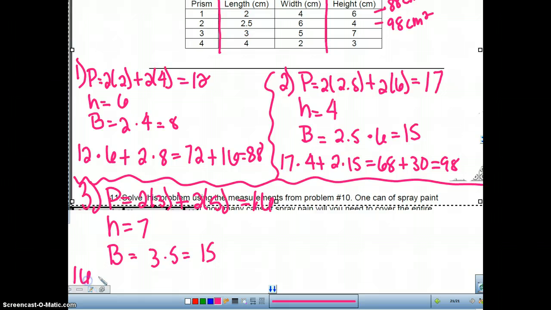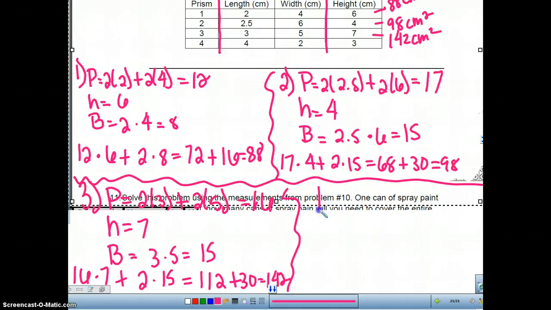We got 16 times 7 plus 2 times 15. 16 times 7 is what, guys? 112. 112 plus 30 gives us what? 142. All right, I found one that's even bigger. I'm done. Nope. Got to do one more just to be sure, right?